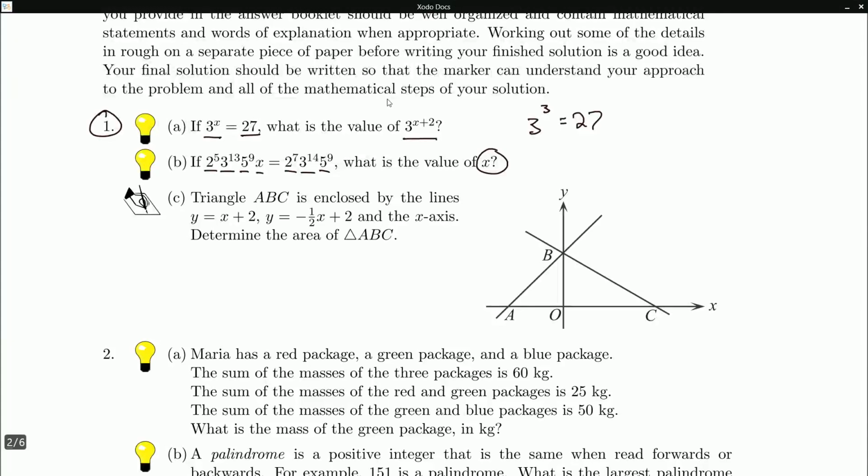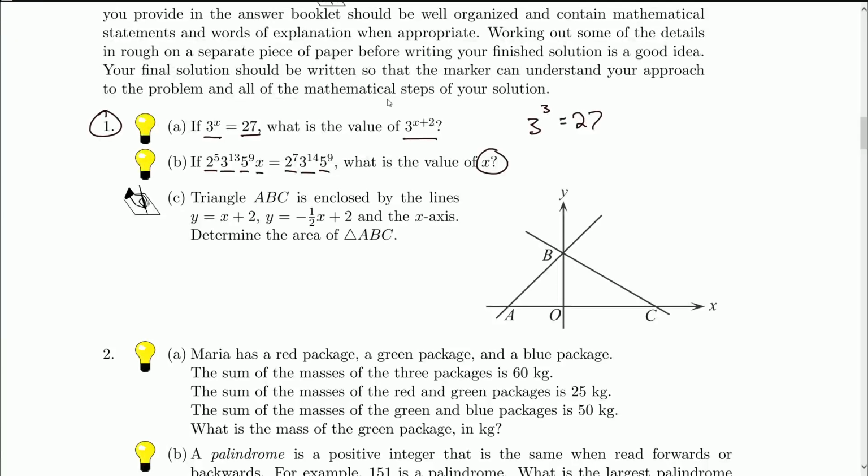Okay, and now part C. Triangle ABC is enclosed by the lines y equals x plus 2, and y equals negative 1/2 x plus 2, and the x-axis. Okay, determine the area of triangle ABC. How do we find areas of triangles?